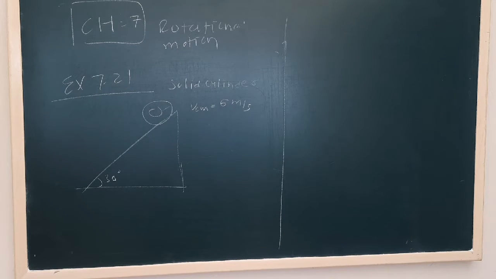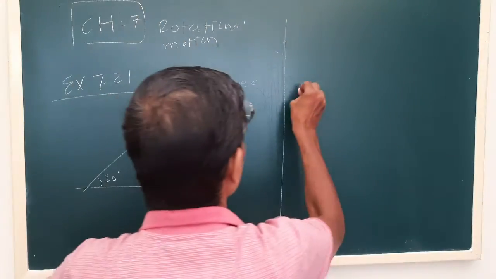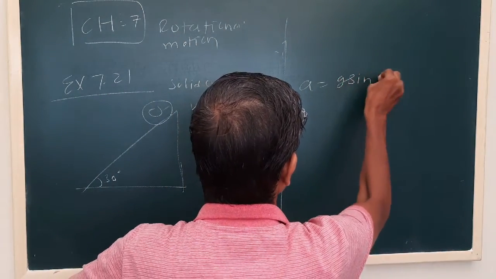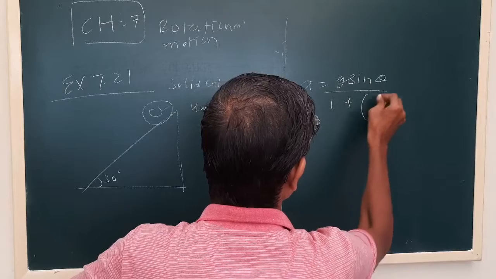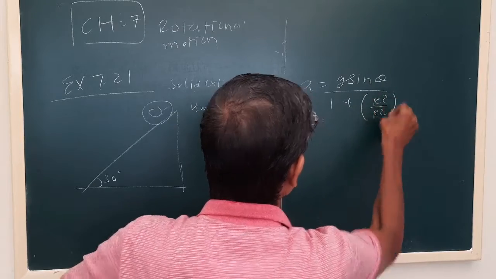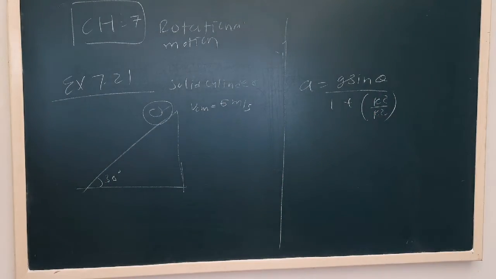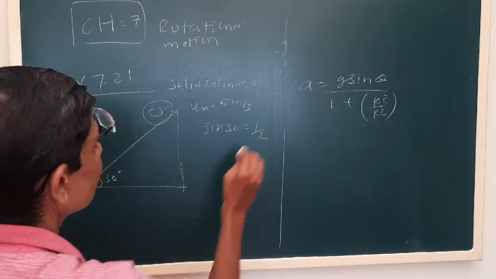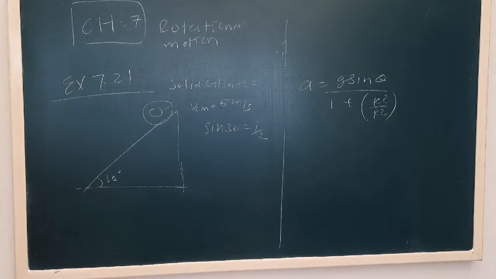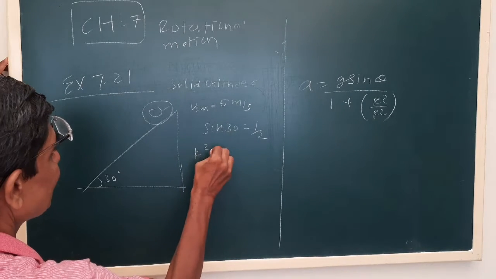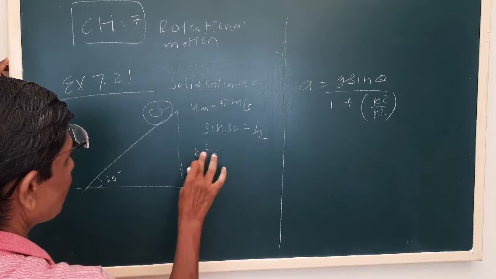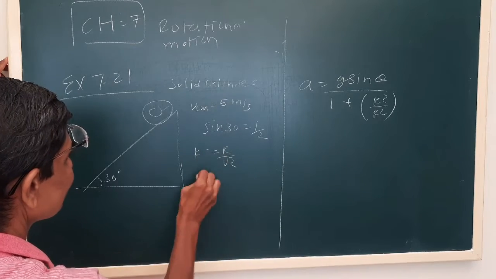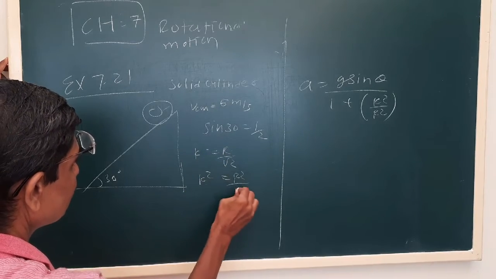Okay, now see, we have derived the equation. Acceleration parallel to the slope is g sin theta upon 1 plus k square by r square. Okay, now theta is given as 30 degree, sin 30 is 1/2. Now see, for a solid cylinder, k square is r square by 2.